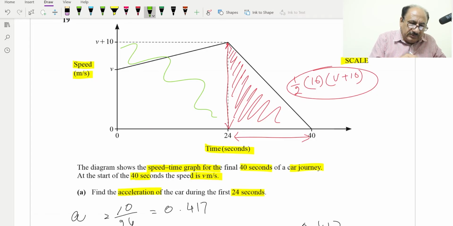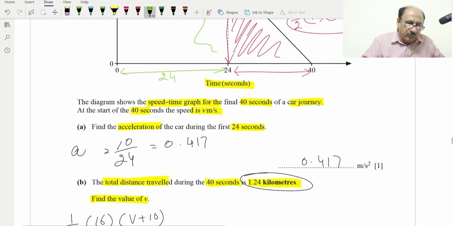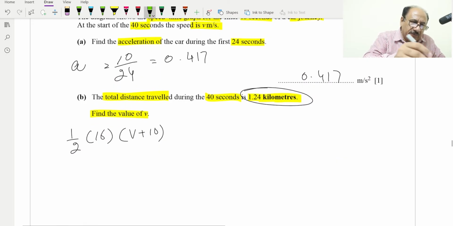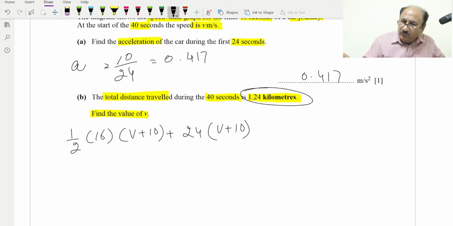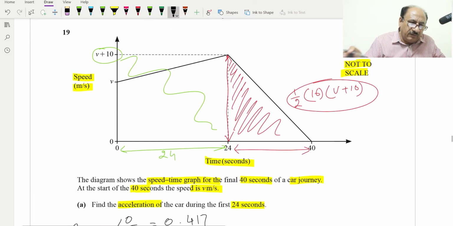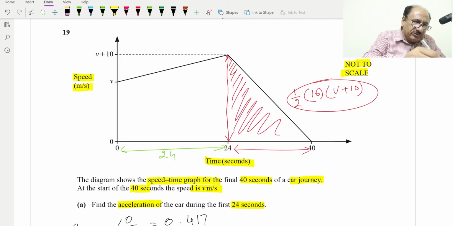The length is 24, and height is v plus 10. So 24 multiplied by v plus 10. We'll be adding this one, 24 multiplied by v plus 10. Now we will check the area of this smaller triangle.